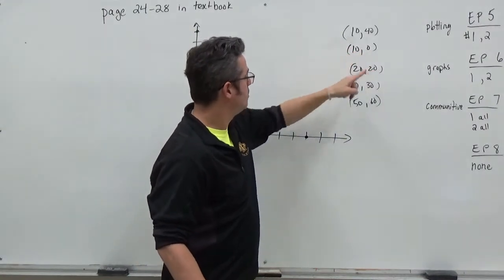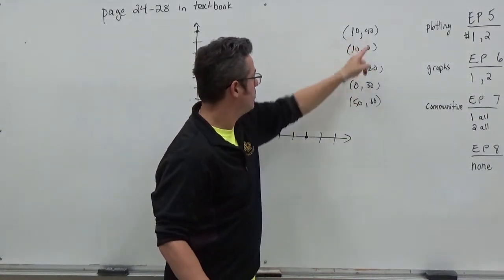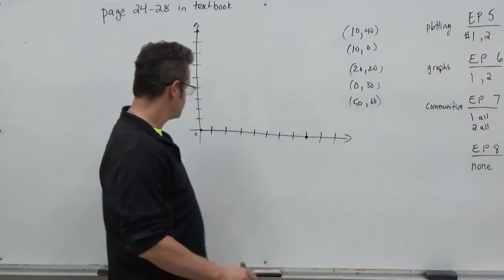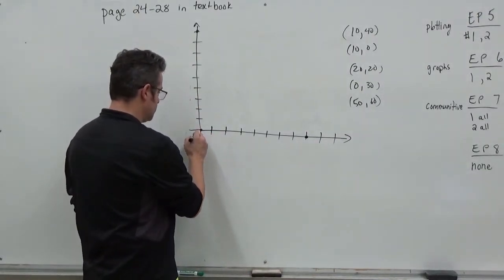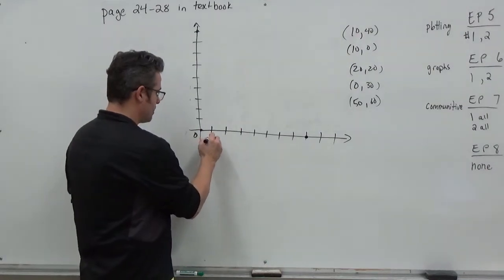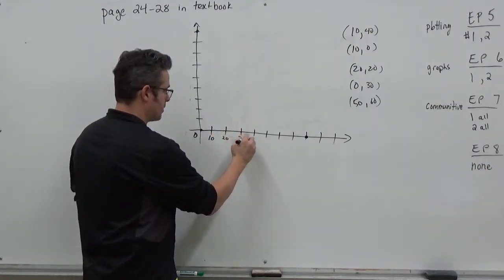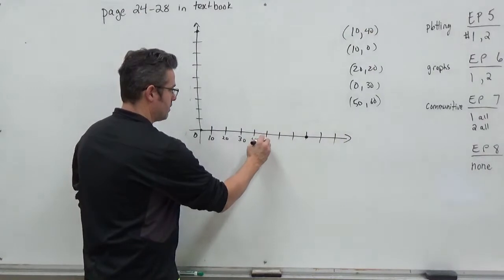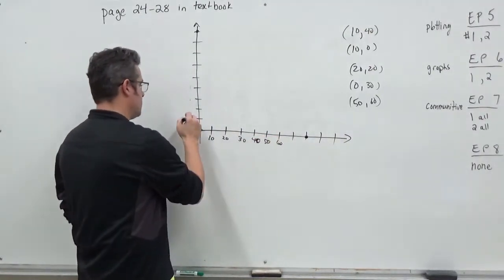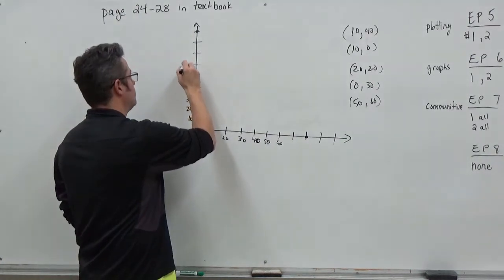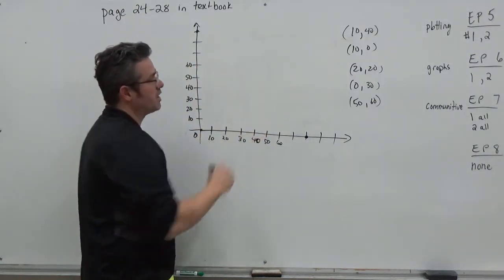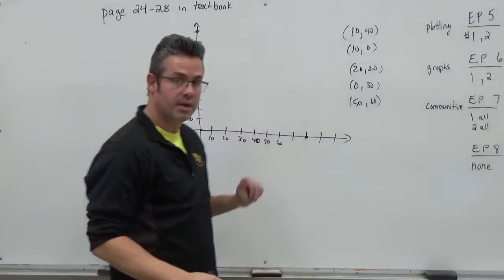So there's a 0, a 10, a 20, a 30, a 40, a 50, a 60. So instead of going 1, 2, 3, 4, 5, 6, we go by tens. This is still 0, 10, 20, 30, 40, 50, 60, on both axes. Nothing gets any higher than 60, so I'm going to stop there.